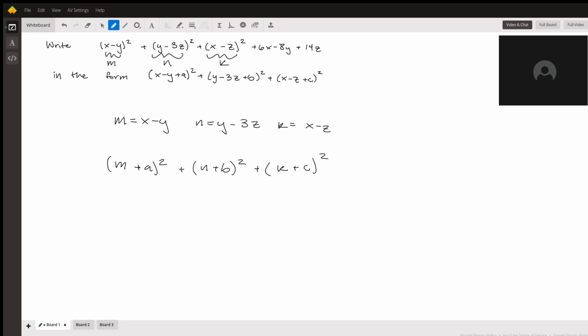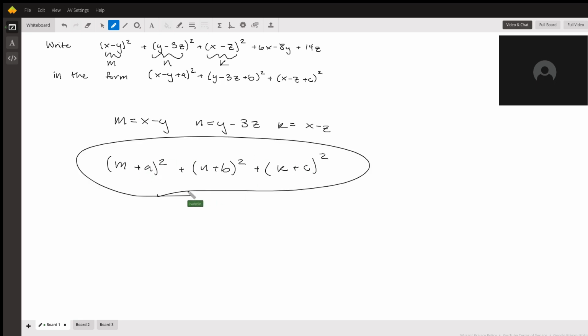But our goal here is to have this form. This is the exact same thing as we have up here as our goal. But in order to get to this, we're going to need to put these variables over here, our 6x minus 8y plus 14z, into our form of m, n, and k.